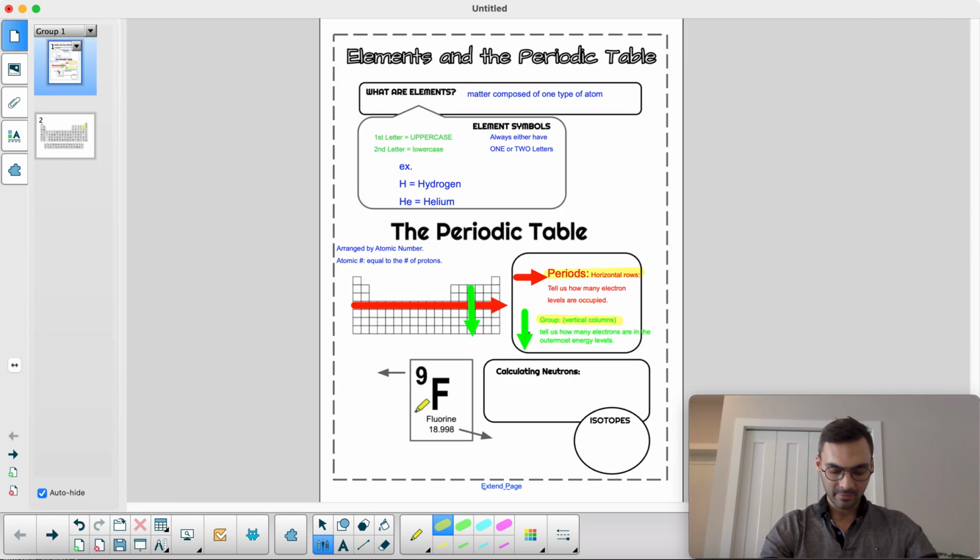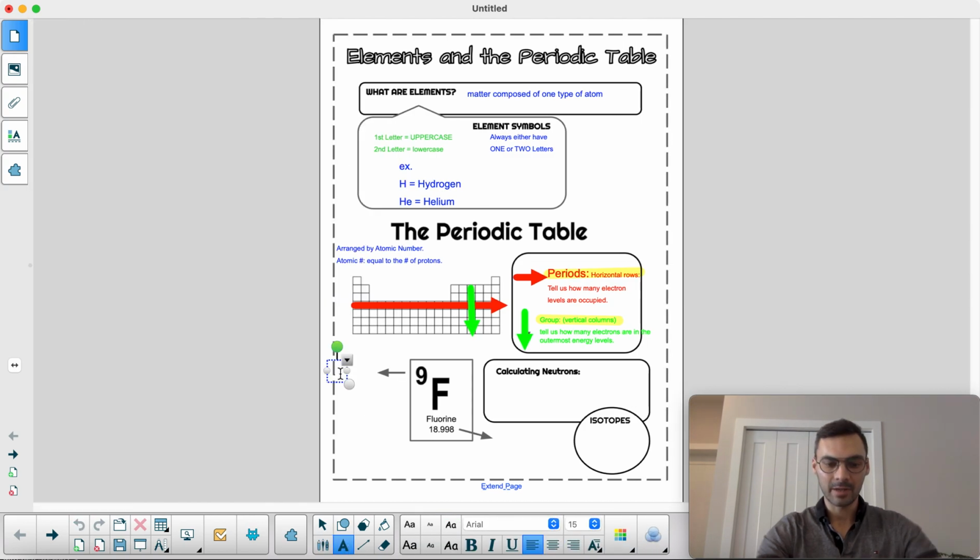And to understand it, we have to understand the different things that are in the box. It's not just the letters. We have the number 9, the full name of it, and we have another number at the bottom. Now, this number 9 is something we've already learned. It is the atomic number. So we can put that right beside it there.